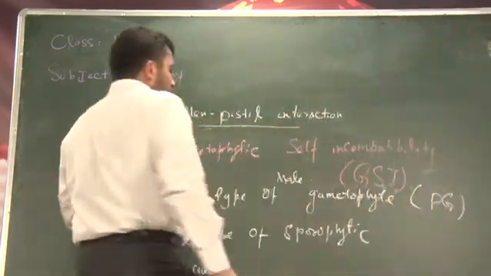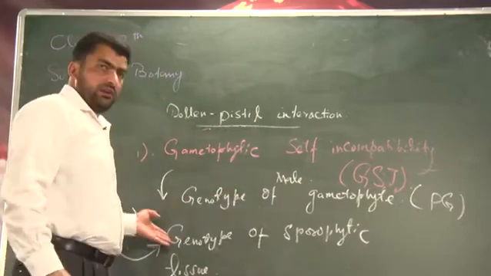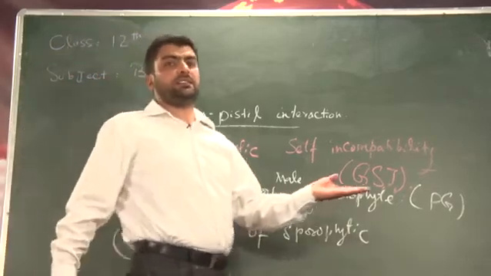I mean the contribution largely of, say, the tapetum and the anther locule: the genotype of the sporophytic tissue of the plant from which the pollen grain is derived.